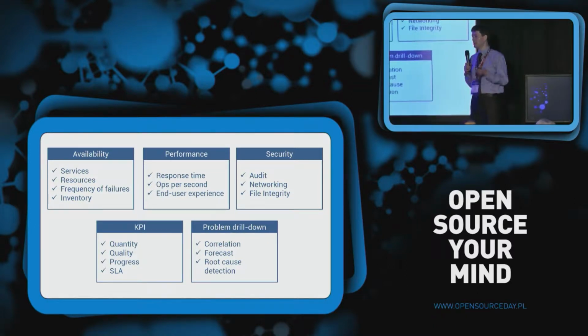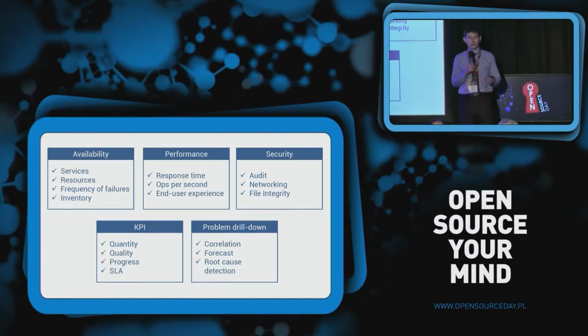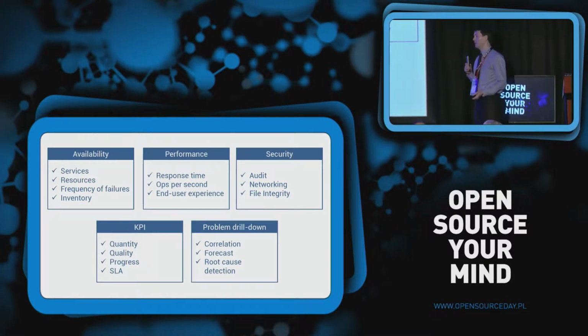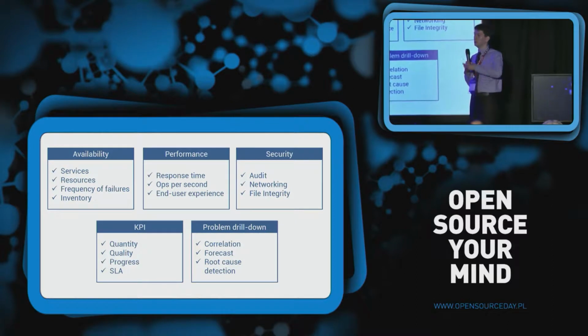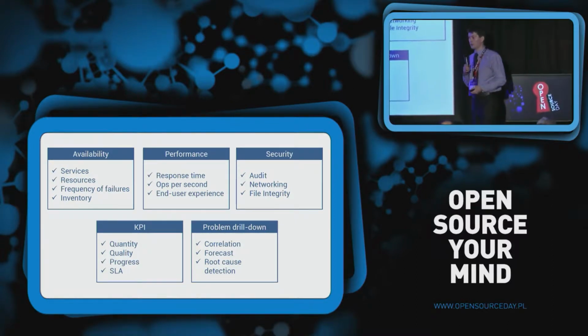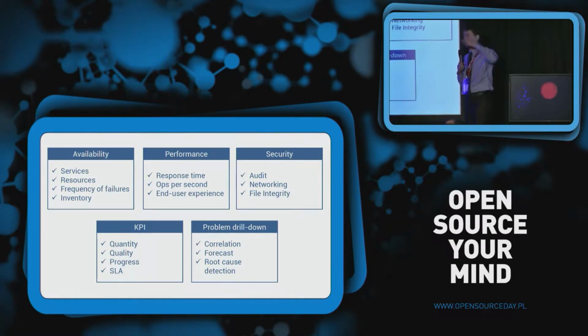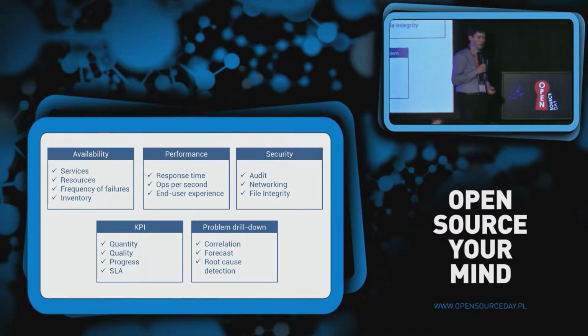Of course, there is availability monitoring. We'd like to know if our resources are available, such as CPU, memory, disk, from a very low level up to upper-level applications, and whether they are available or not, or our IT services. IT services are another level of abstraction. We'd like to know if our IT services are available or not.